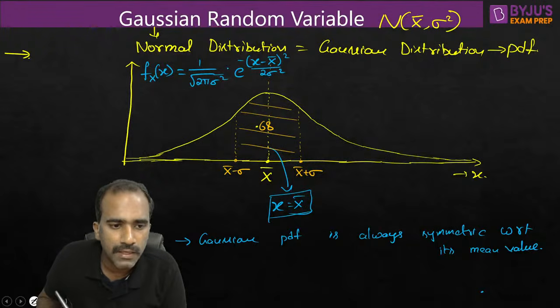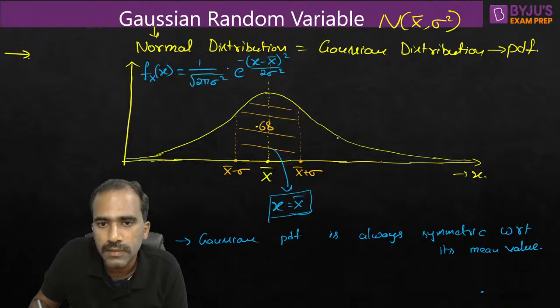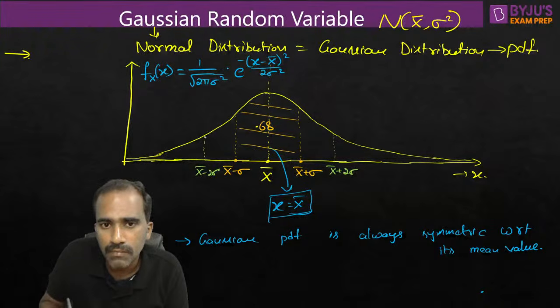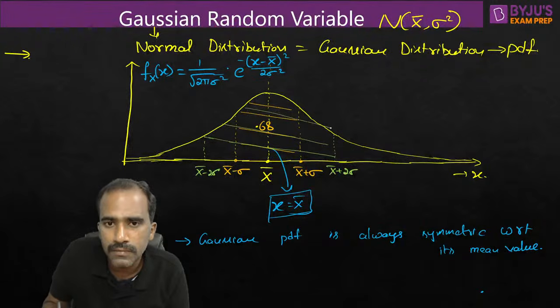Next, similarly, at the same distance again after sigma, it is at x bar plus 2 sigma, and on the other side also x bar minus 2 sigma. See this? This total area, how much is that?